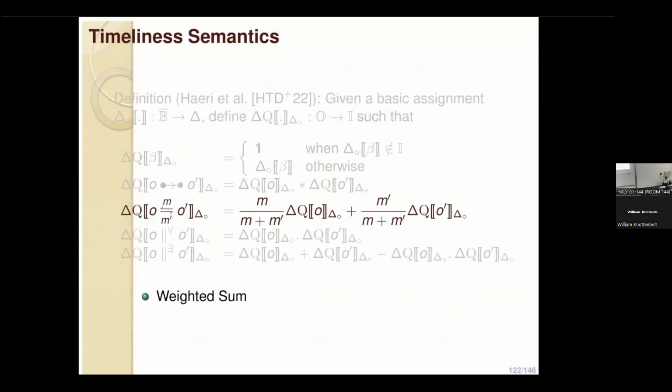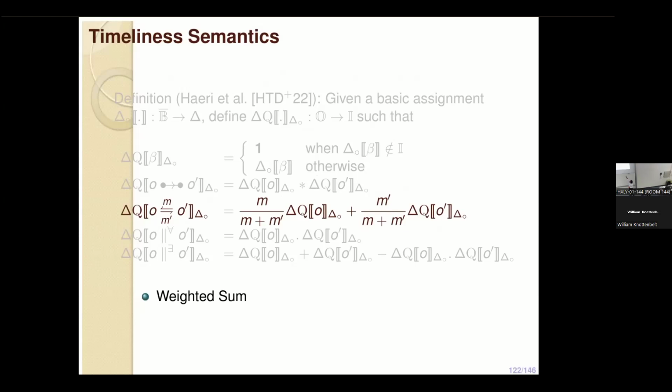I would like to pick up on the probabilistic choice. This part of the formula says, if you have a probabilistic choice between 2 outcomes, O and O prime, with the weight of M going to O happening, or performing, and M prime to O prime happening or performing, then in order to compositionally work out the delta Q for the total expression, all you need to do is a weighted sum.